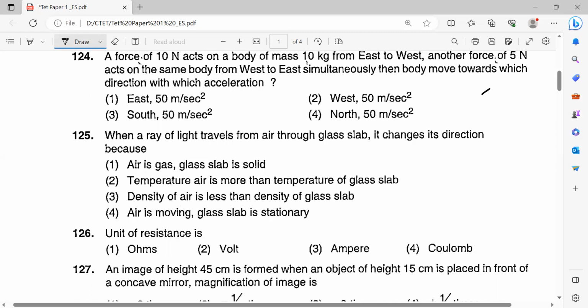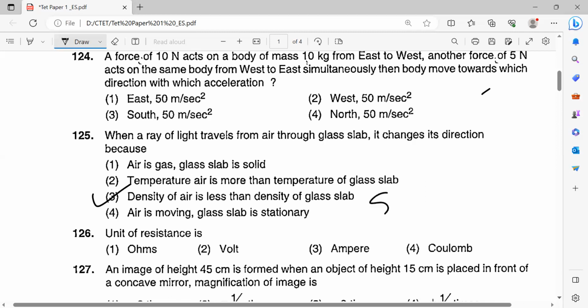This relates to the bending of the ray of light. Temperature, movement, solid and gas states of matter are not going to be considered for the direction of the light. The considered factor is only the density, the refractive index, which is directly related to the density. So option 3 is the right answer.